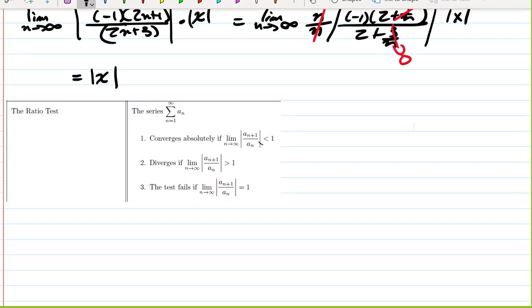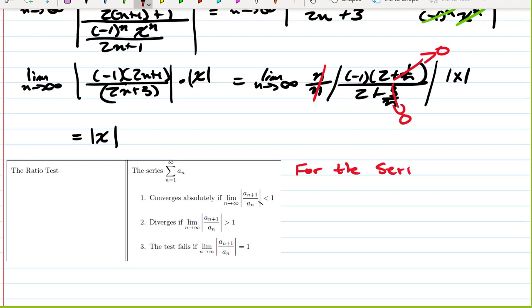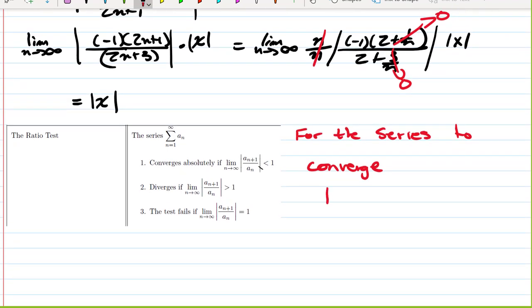Well, this is the limit. So for the series to converge, the absolute value of x must be less than or equal to 1.